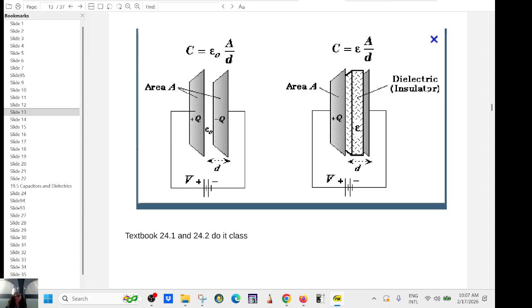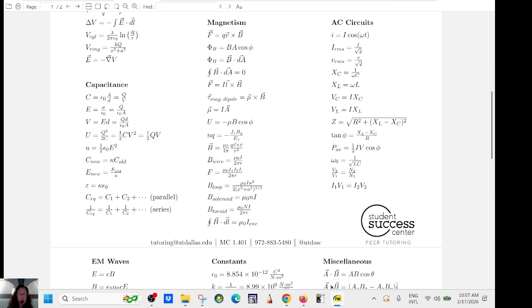Back then it was paper. Now they use mica, or other stuff. So it's going to boost the capacitance by a factor K, the dielectric constant. We're going to see that, but it's just to show you here.